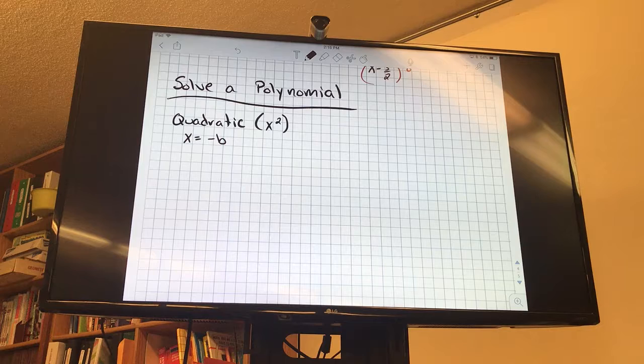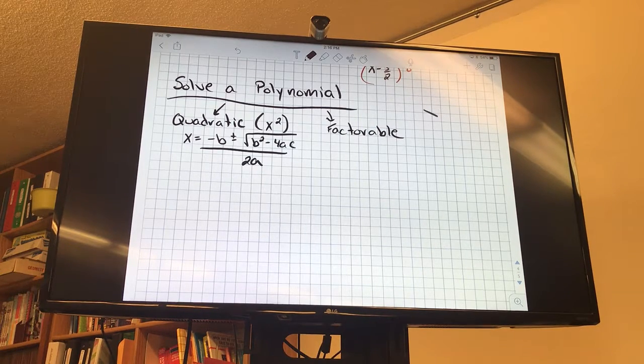Negative b plus or minus the square root of b squared minus 4ac, all over 2a. So we can solve a polynomial if it's quadratic. If it's not quadratic but completely factorable, we can solve it, right, if we can factor it down.